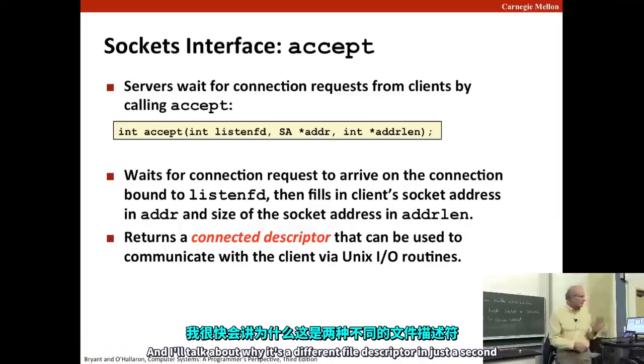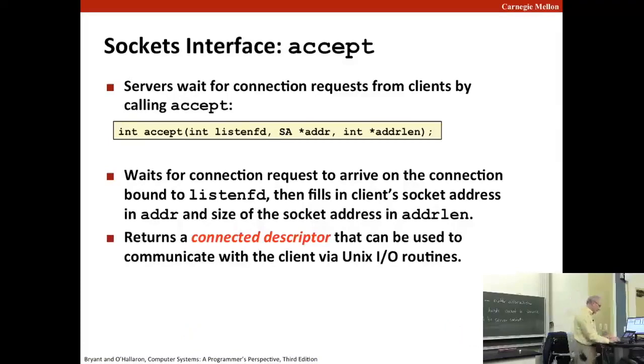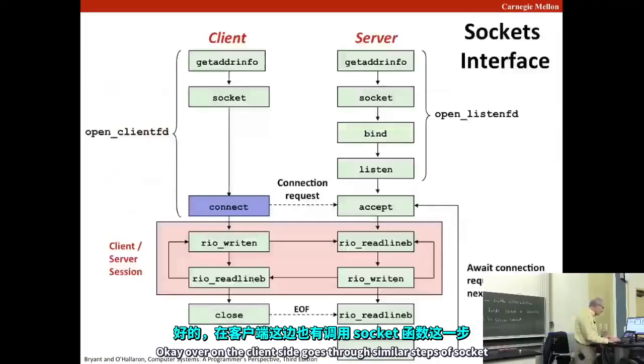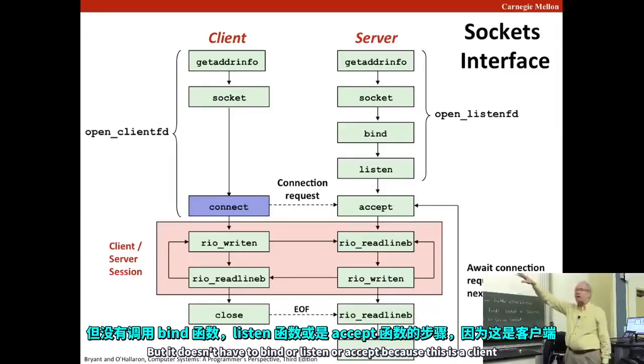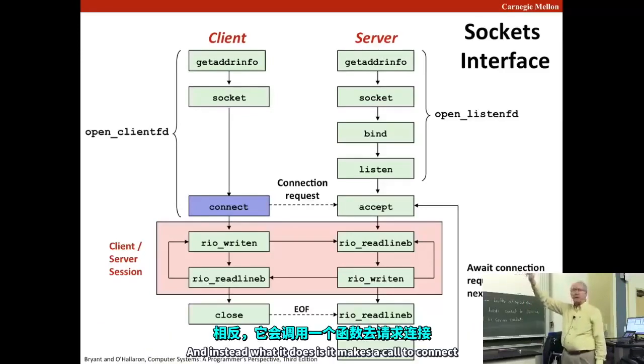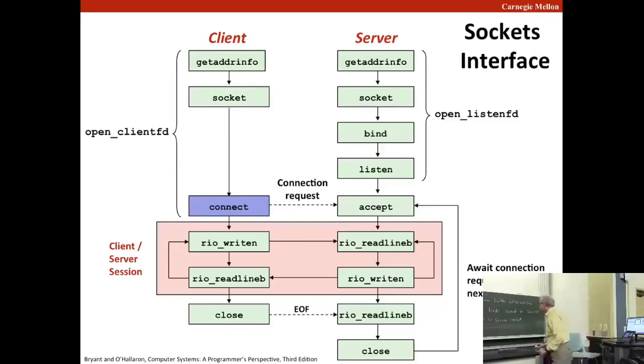I'll talk about why it's a different file descriptor in just a second. Okay, over on the client side it goes through similar steps of socket, but it doesn't have to bind or listen or accept because this is a client. Instead, it makes a call to connect.